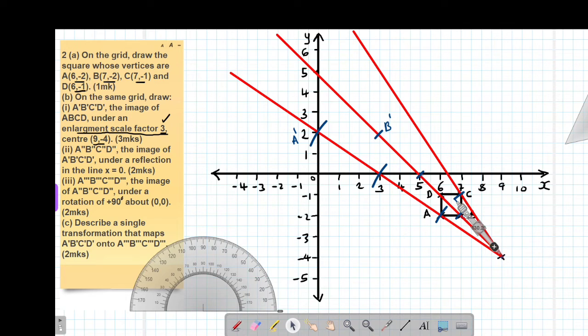Then of course I transfer the tip of my compass to point C that I've just made. Then I make another arc on the same line. We need to move 3 times, so I also put the tip of my compass on this mark here, then I make the other arc. Whatever I obtain will be C prime. So this is my point C prime.